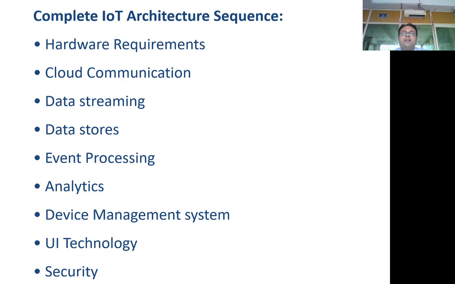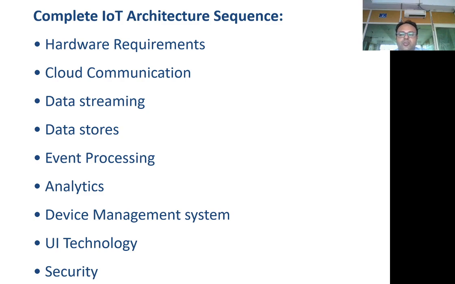Now let us understand the basic architecture sequence. What does IoT architecture include? The first and very important part of this IoT architecture is its hardware requirement. The hardware requirement includes the node and sensor, right? Apart from this, you have cloud communication.